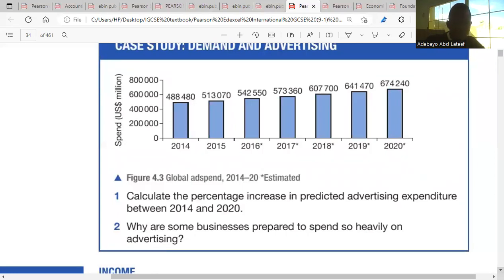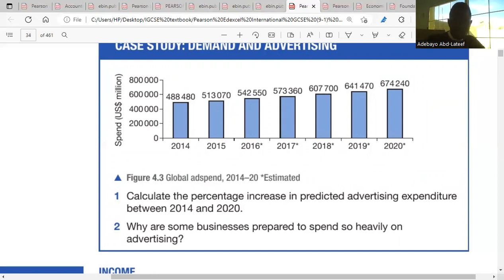So that's 488 billion, 480 million in 2014 to 674 billion, 240 million in 2020. This is the expected expenses on advertisement from 2014 to 2020.